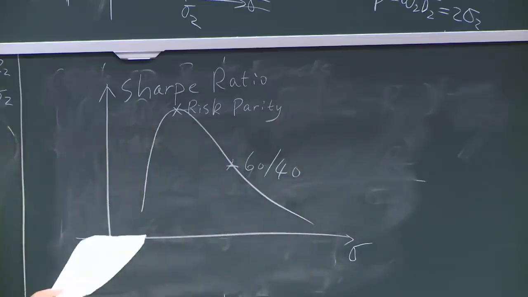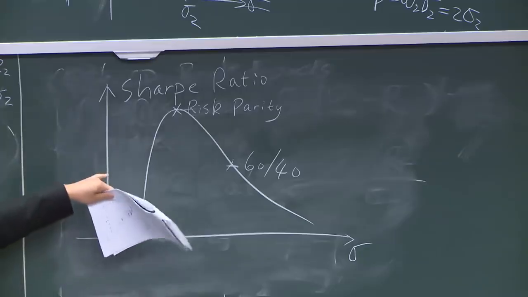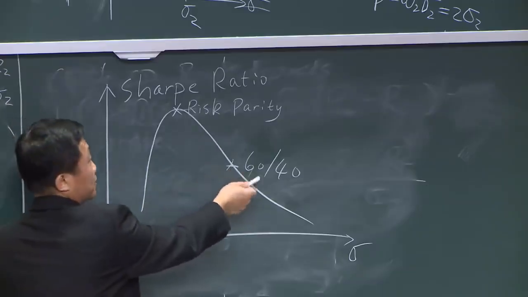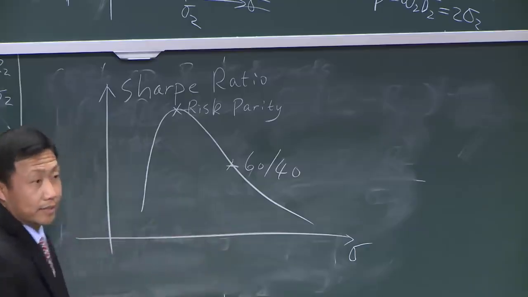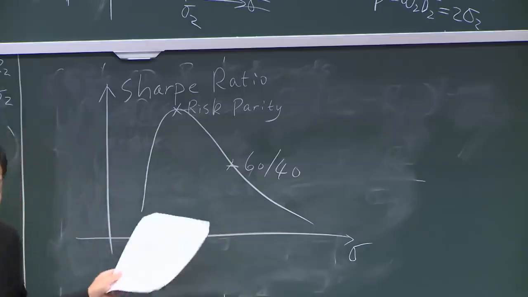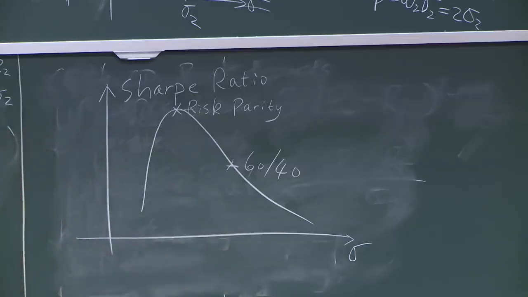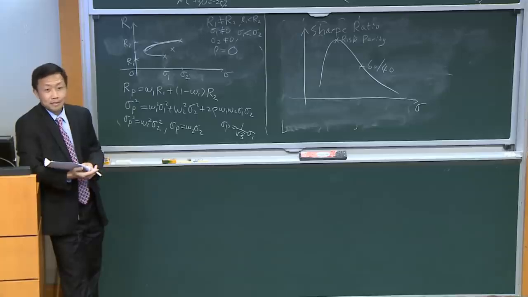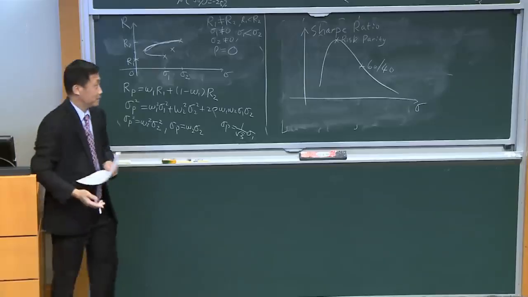So you essentially maximized the Sharpe ratio or risk-adjusted return by achieving the risk parity portfolio. So 60-40 is here. You actually maximize that, and does leverage matter? When you leverage up, does the Sharpe ratio change or not? Split in half. So we have twice the variance.